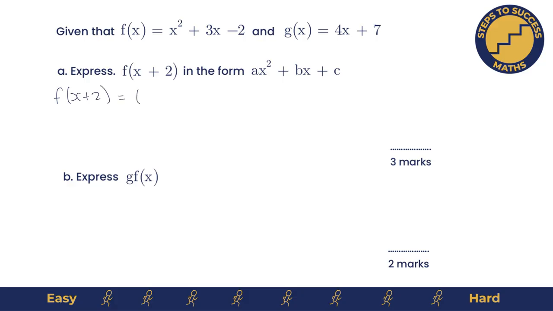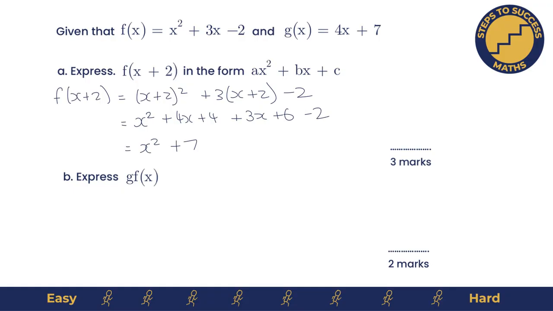So we've got x plus 2 squared plus 3, and remember brackets, x plus 2, then take away 2. And we need to multiply out that bracket. So we've got x squared plus 4x plus 4. Multiply the next bracket, plus 3x plus 6, and then subtract 2. And if we tidy that up, we've got x squared plus 7x plus 8.